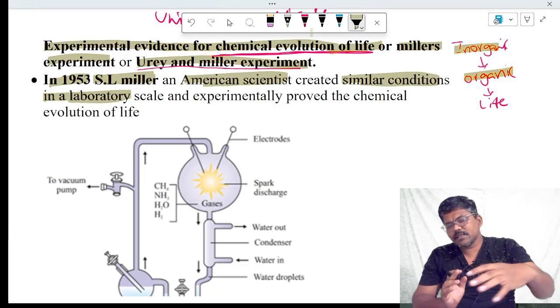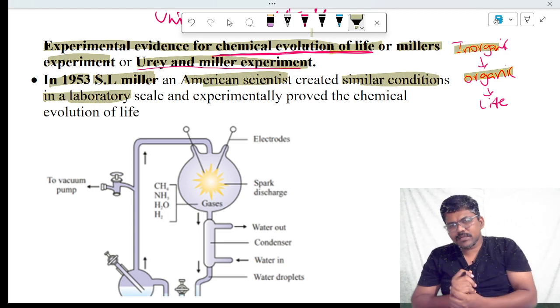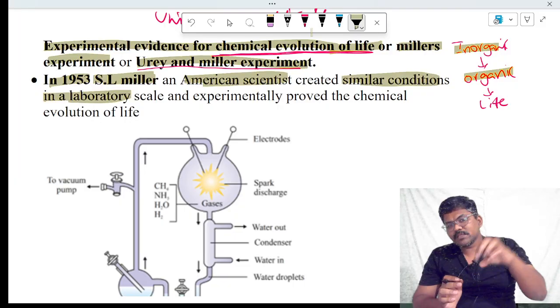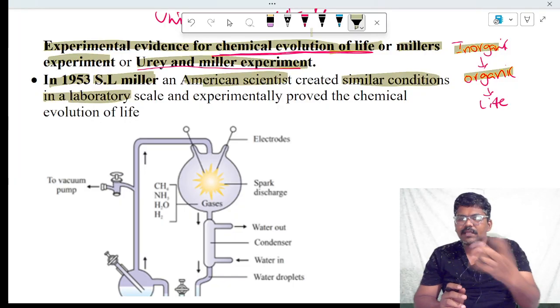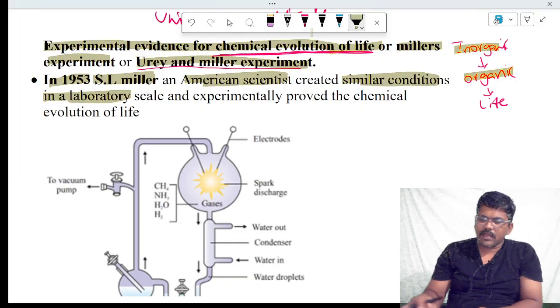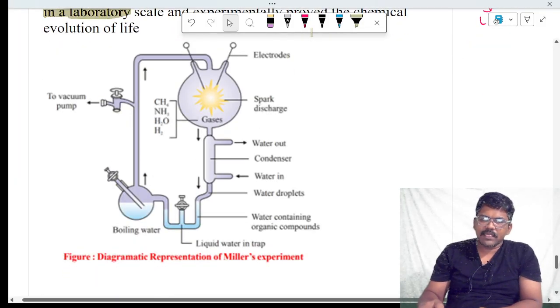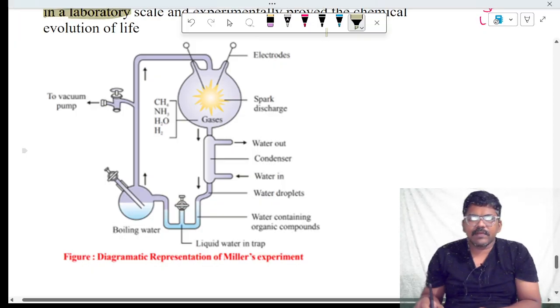Amino acids are organic molecules present in living organisms, and they formed within the apparatus where he created the primitive Earth atmosphere. In this way, he proved the theory of chemical evolution.